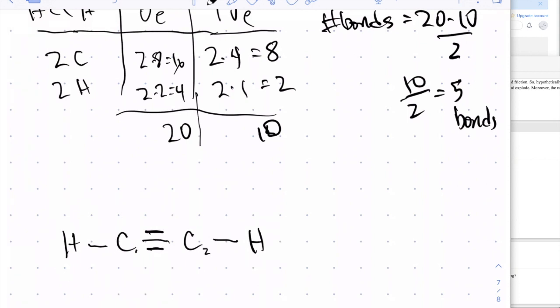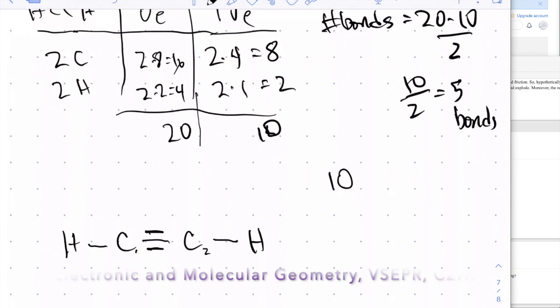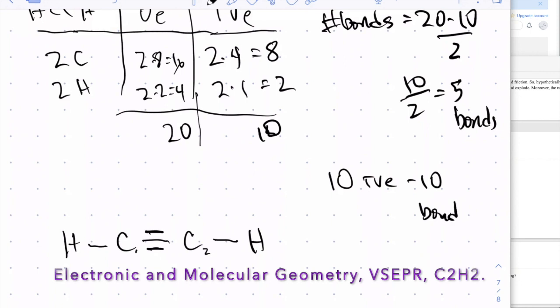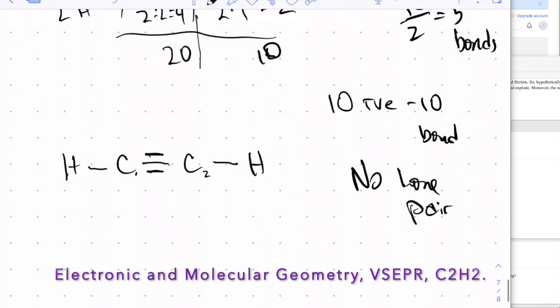Okay, this is our structure. How many lone pairs do we have? Well, remember that we have 10 total valence electrons, and we use 10 in the bonds, so there are no lone pairs. We've taken care of all the electrons in this particular chemical, so there are no lone pairs.